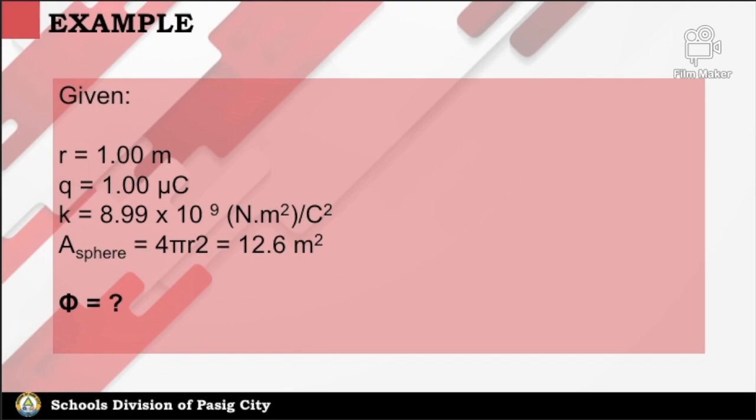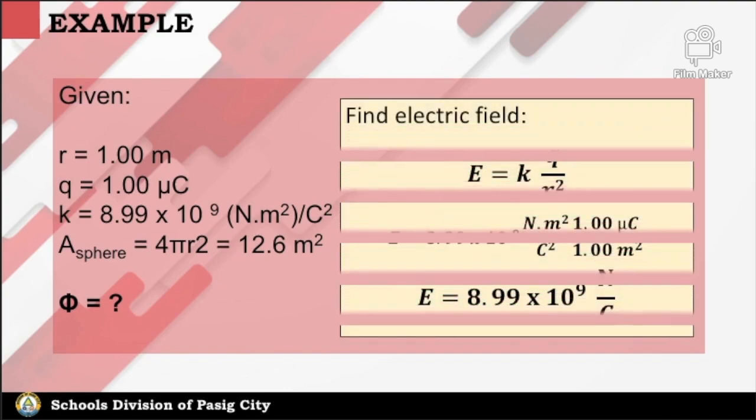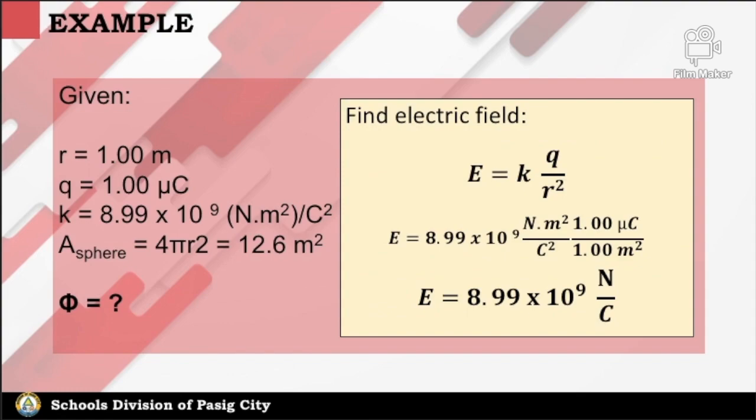Using the equation, electric field is equal to k multiplied by Q over r squared, we substitute the values of r, Q, and k. Then we get the value for electric field, which is equal to 8.99 times 10 raised to 3 Newton per coulomb.